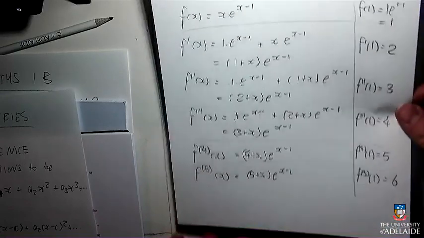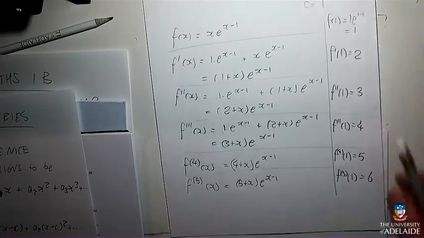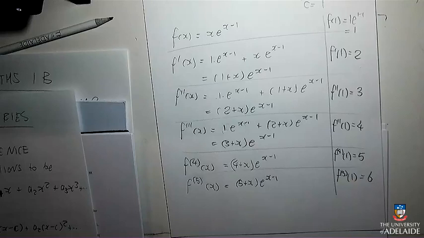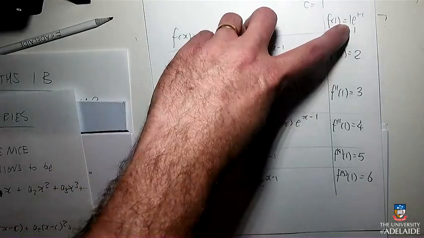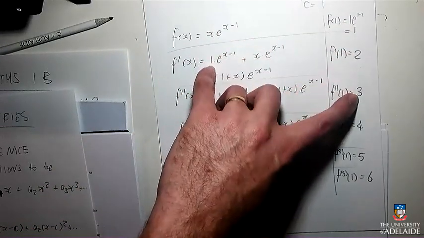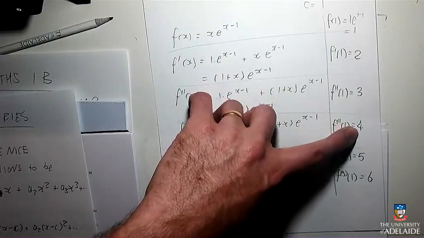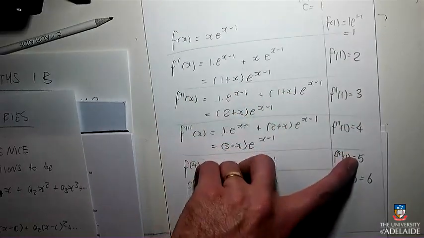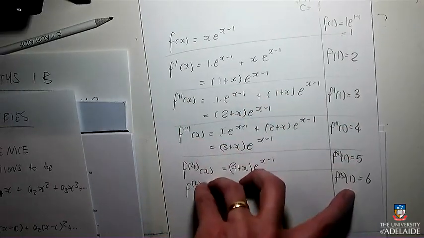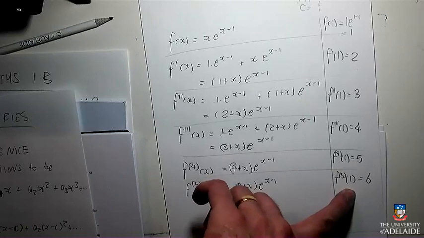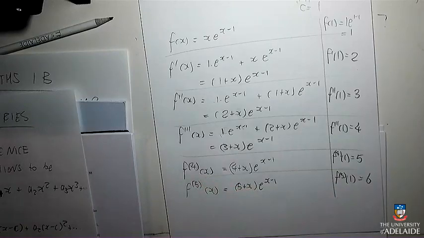Okay. And we're still not done, because the actual coefficients we have, I'm going to have to divide these by successive multiplications of things. So this one's going to be as it is. This one's divided by 1. This one's divided by 1 times 2. This one's divided by 1 times 2 times 3. This one's divided by 1 times 2 times 3 times 4. This one's divided by, well, 5 factorial. So I will write the actual formula in a second.